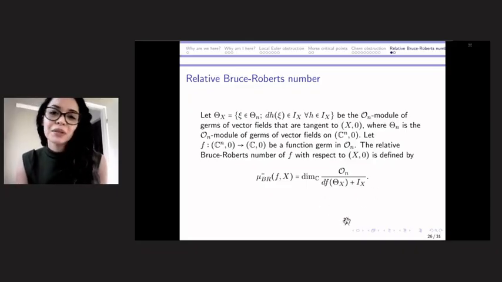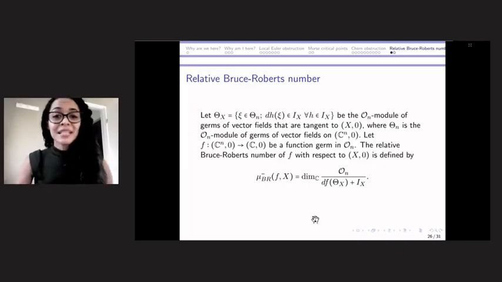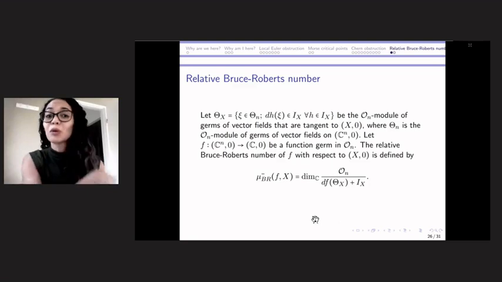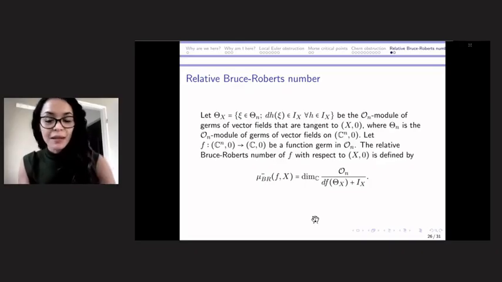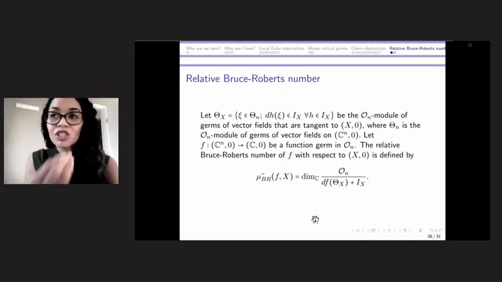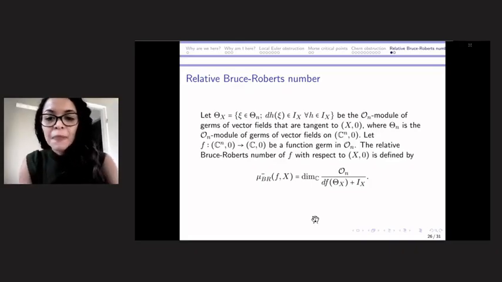And this is very good in order to find examples and give this algebraic approach to these topological things that are not easy at all to compute. So this was very nice. This was a way to give an algebraic approach to this invariant, right?